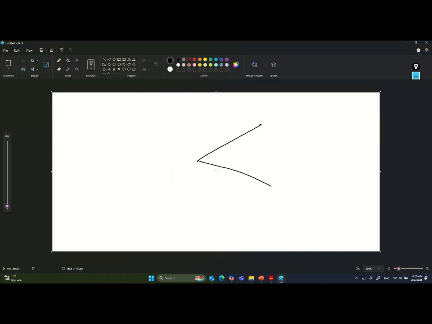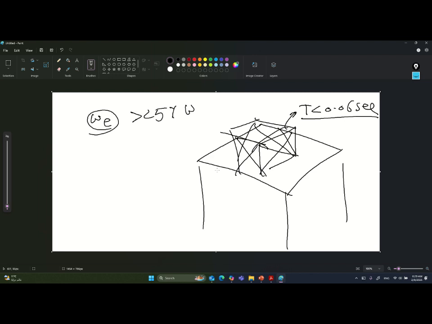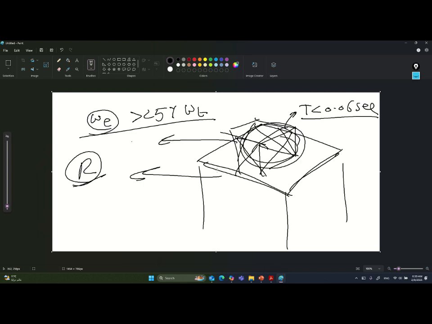If I have the same building here, but let me draw it in 3D, and I have a structure, and this structure has an express in both directions, so it is very rigid, and its time period is lesser than 0.6 seconds, and its weight is more than 25% of the total weight, then I can design the building based on its R and consider this equipment as a dead weight.